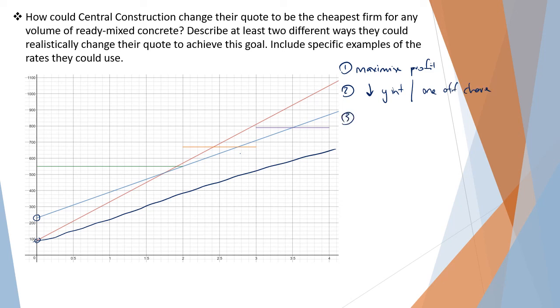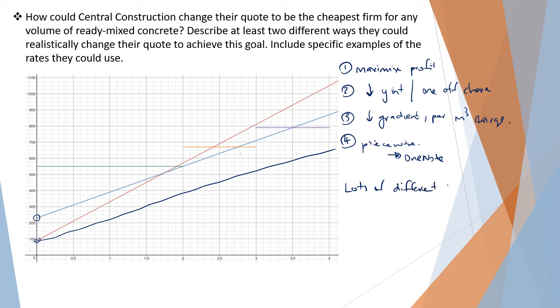You can do that by lowering the gradient, in other words the per cubic meter charge. You can introduce some sort of piecewise graph, which maybe you want to have a look at that activity on OneNote about that. In other words, there are lots of different answers. It's just a matter of, does yours make sense?